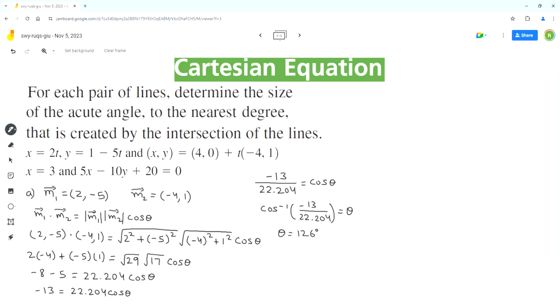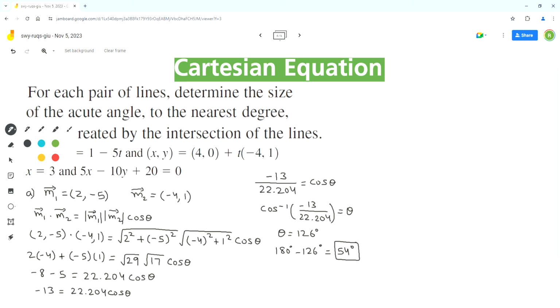But in this problem, we have to find the acute angle, and for that, we have to subtract 126 degrees from 180 degrees, which is equal to 54 degrees. So that's the acute angle between the first pair of lines. So this should be the final answer for the first pair of lines.